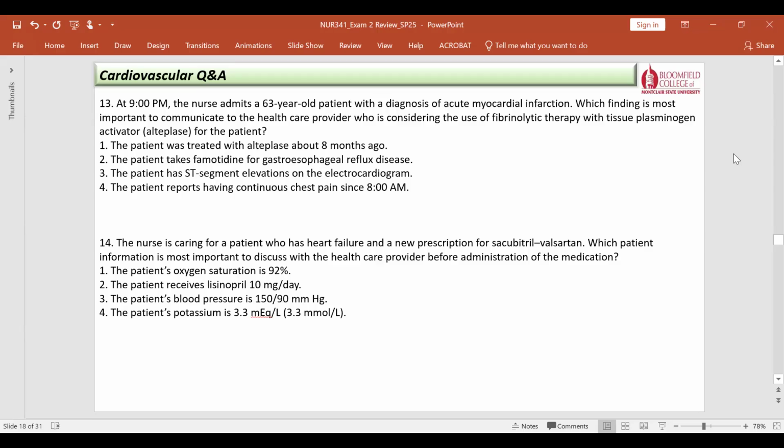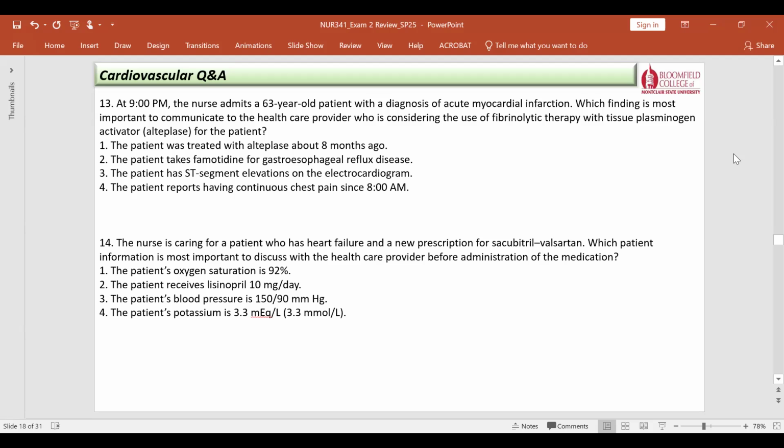So to conceptually understand the time frame of the ultimate use or the best plan for using the TPA for acute MI, for patients who have had the onset of chest pain, for how long are you able to give this medication, that TPA medication?